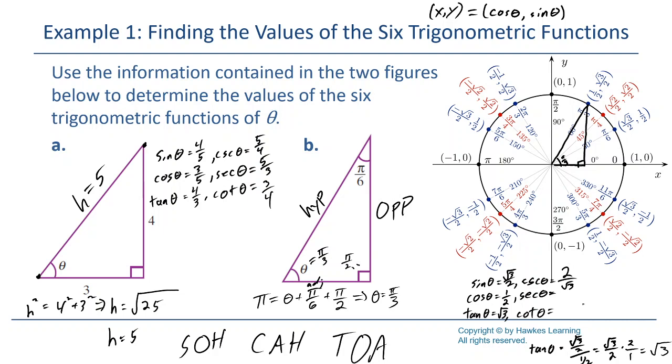Most places don't like 2 over the square root of 3, so we do what's called rationalizing the denominator. I'm going to space this out a little bit, because it's cramped, and write it over to the side.